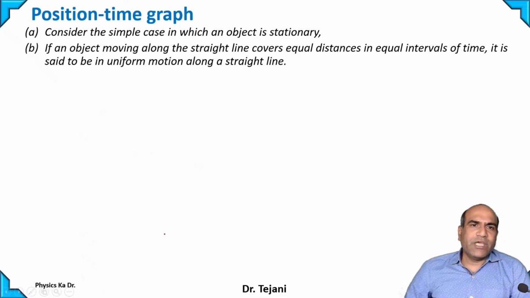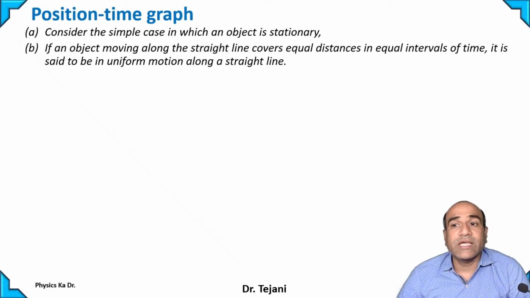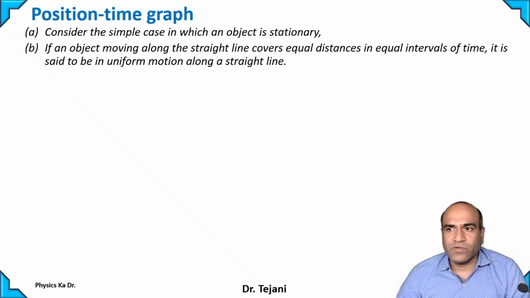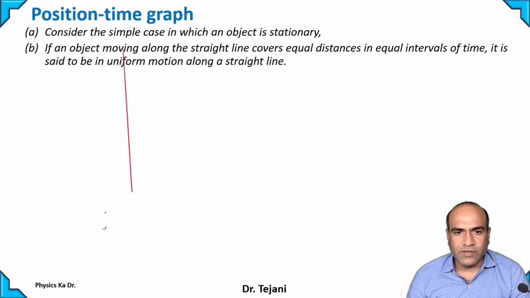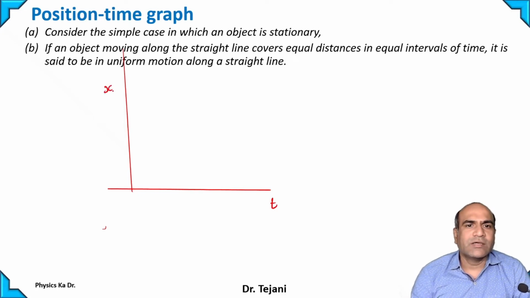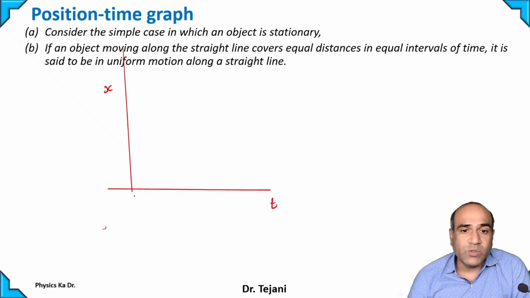Second case, if an object moving along a straight line covers equal distance in equal intervals of time, it is said to be in uniform motion along the straight line. So let's do a graph. One side is showing t, another side is showing distance or position x. It starts at time zero.